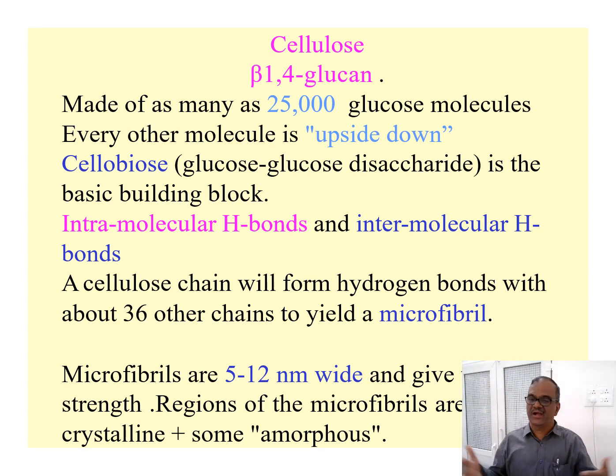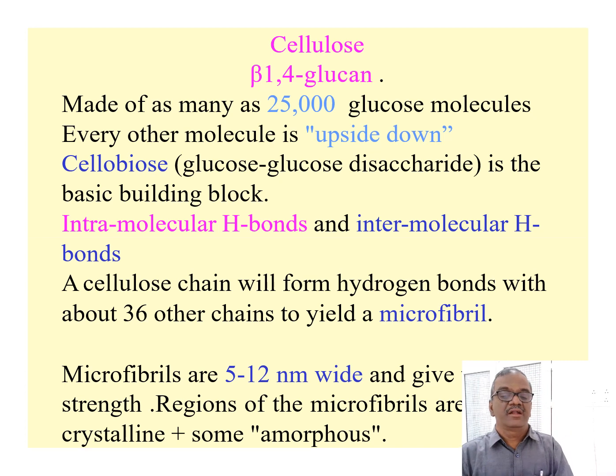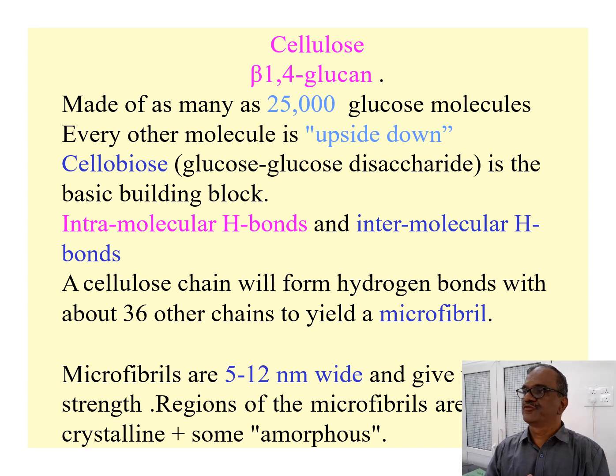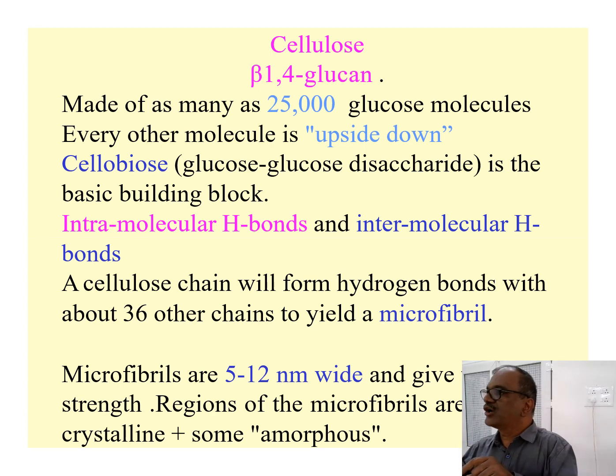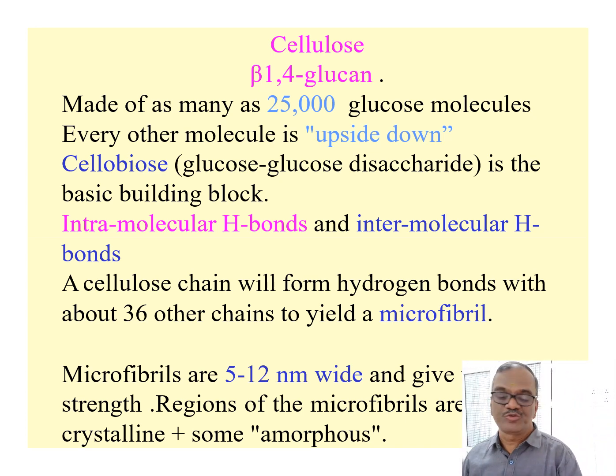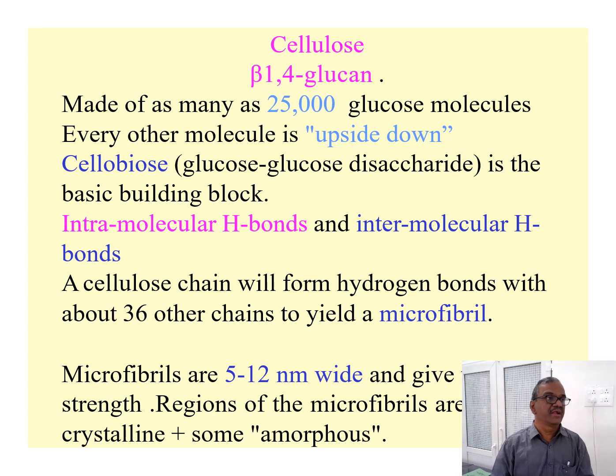Then it forms hydrogen bonds in many places, intra as well as inter, and it forms a chain of molecules. So it looks like a microfibril. Okay? And these microfibrils are united. 36 microfibrils get united, and the microfibrils are 5 to 12 nanometers wide, and it gives the strength.